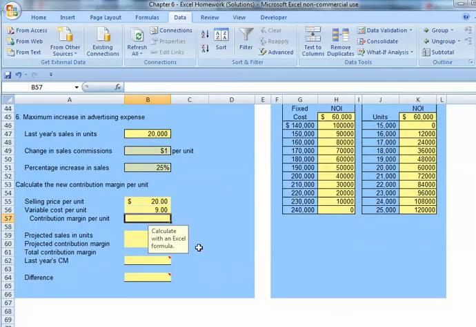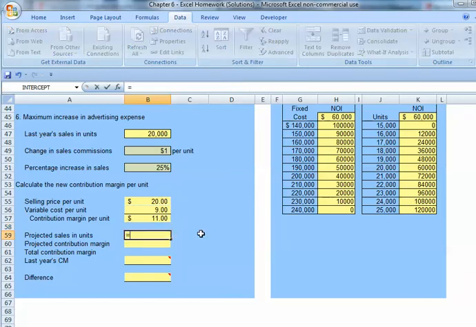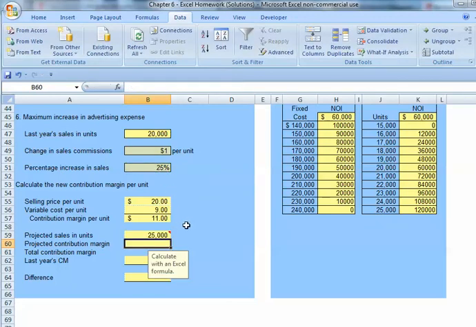We have a variable cost of $9 per unit and a contribution margin per unit then of $11. Our projected sales, if we have a 25% increase, will be current sales times the quantity 1 plus 25%. Our projected sales then are 25,000 units.